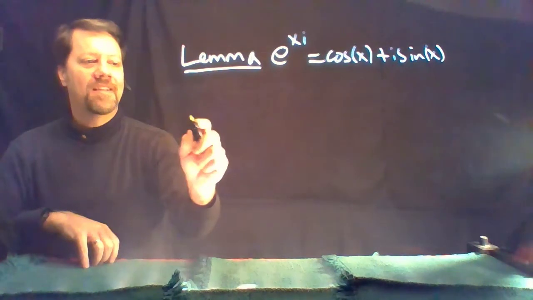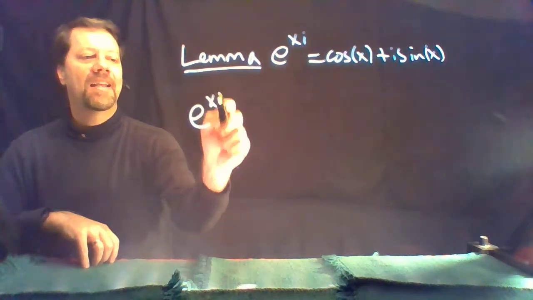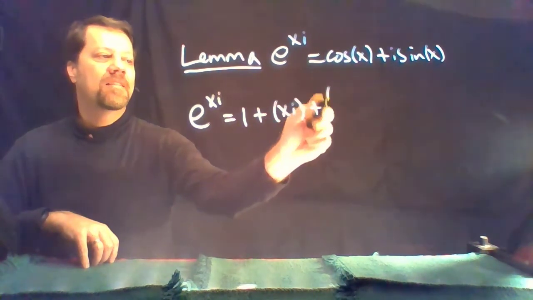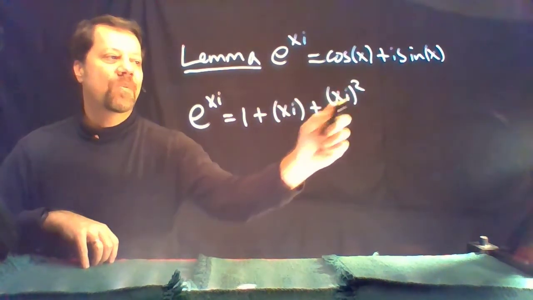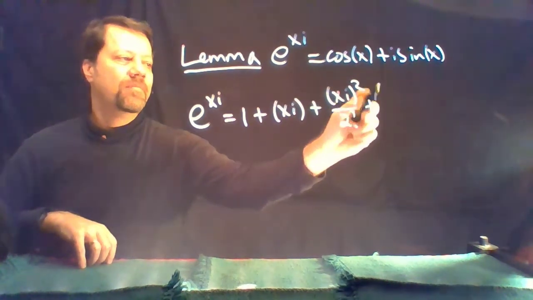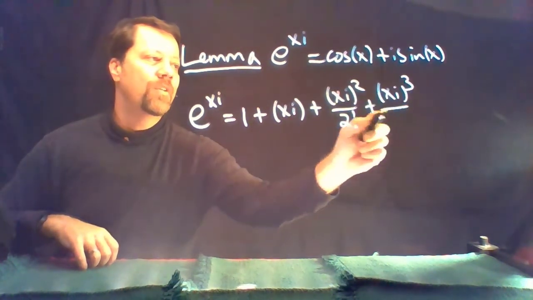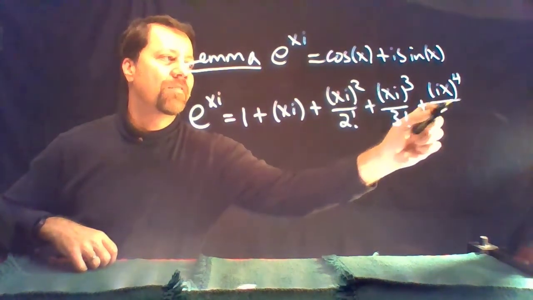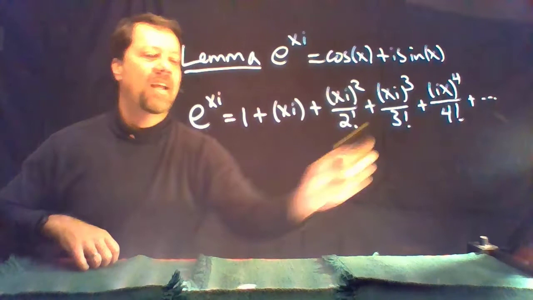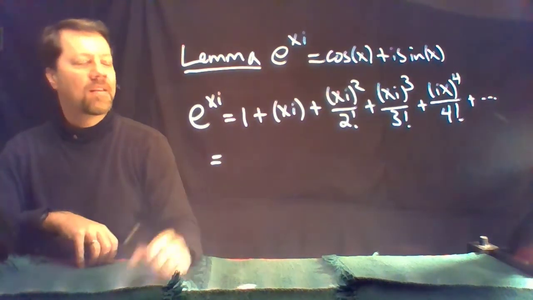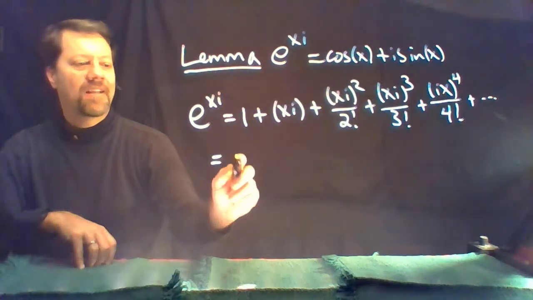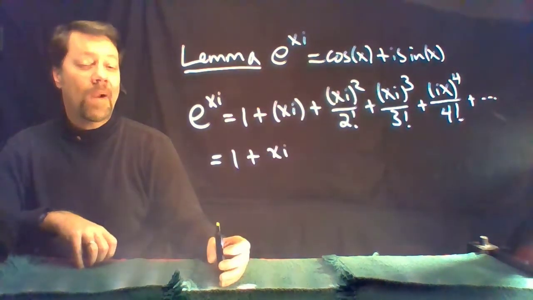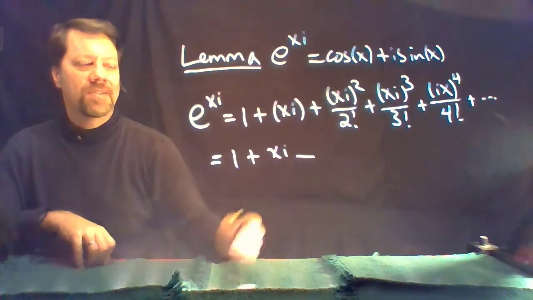It follows then that e to the xi is going to be 1 plus xi plus (xi) squared over 2 factorial plus (xi) cubed over 3 factorial. I will write one more term, (xi) to the 4th over 4 factorial, and so on. Now, how do these simplify? We have x times i here. When we square i, we get a minus.